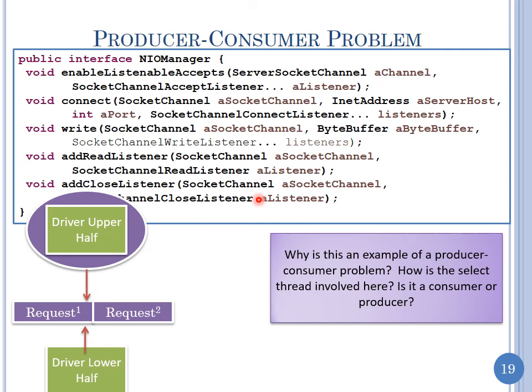So the question here is, how is this a producer-consumer problem? And if it's a producer-consumer problem, who are the producers, who are the consumers? We know there's a select thread involved here. I told you there's one thread here, so it must be a consumer or a producer. So that's a hint. Figure out which role it plays, and then we can figure out what the other parties are. So let's go to that question.